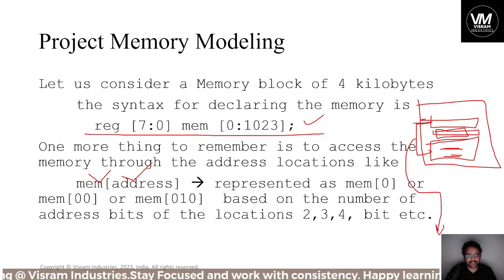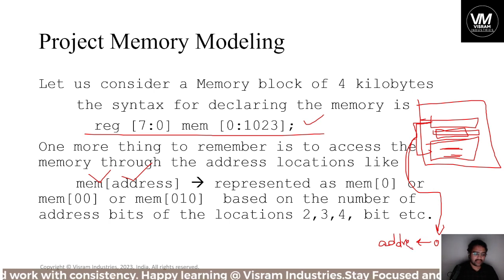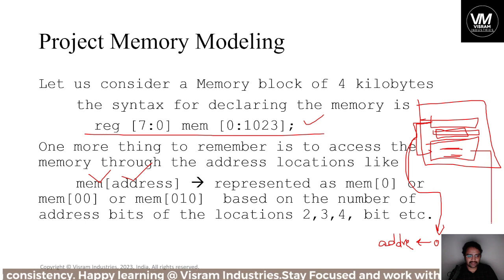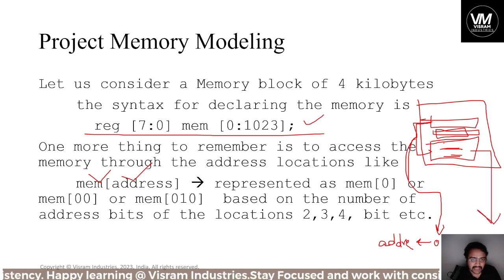If this is the first and foremost register, it is named 000. That is the address location. But what is the address location of the last register?